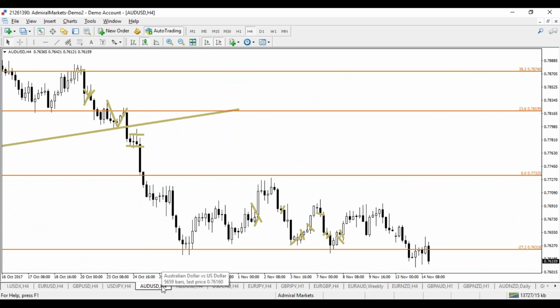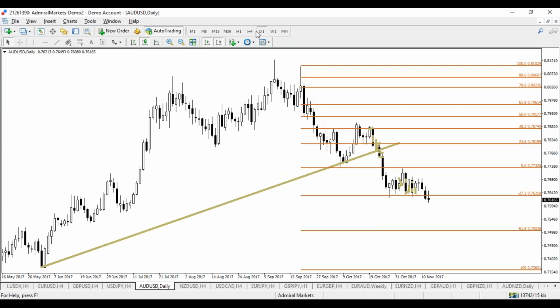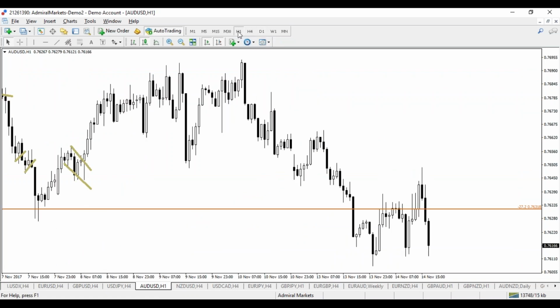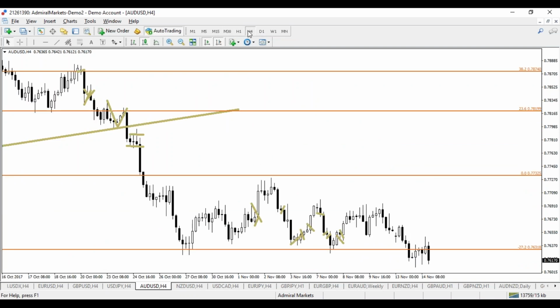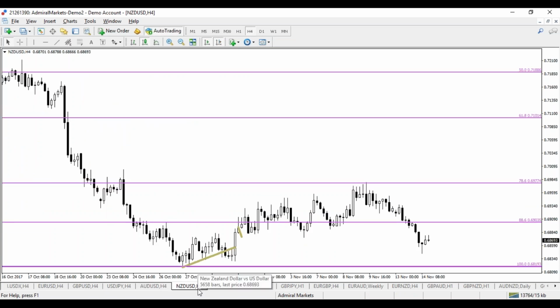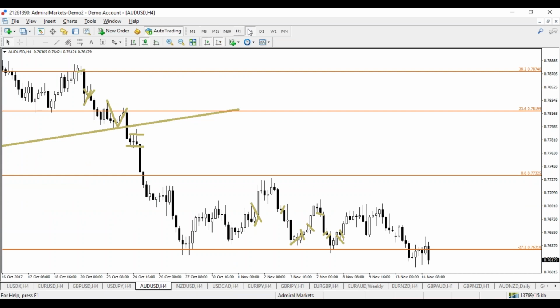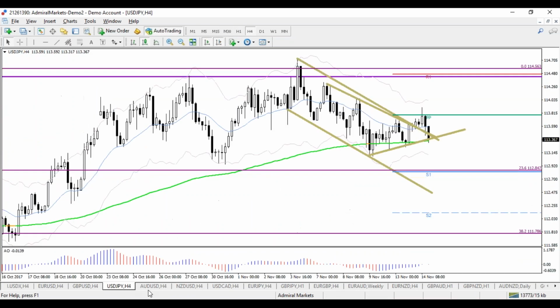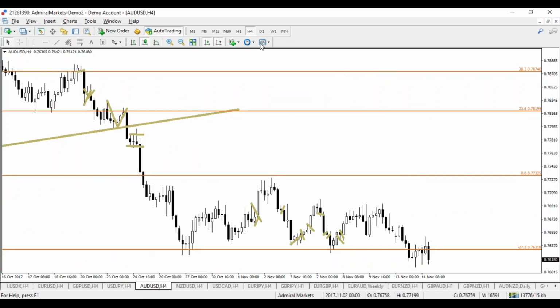All right, Ozzie still falling. Don't see anything at this moment, perhaps. For the moment. No. It is bearish, but I just don't see any particular setup at this moment.